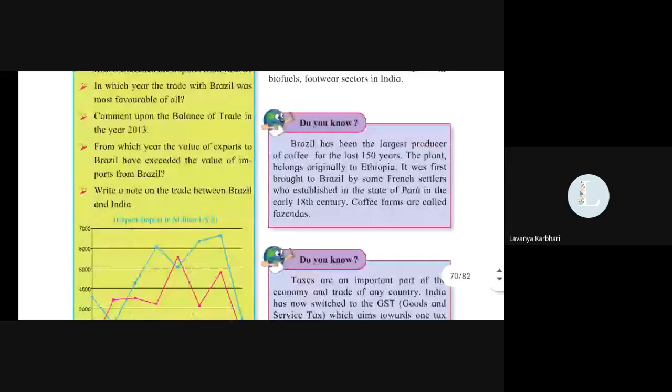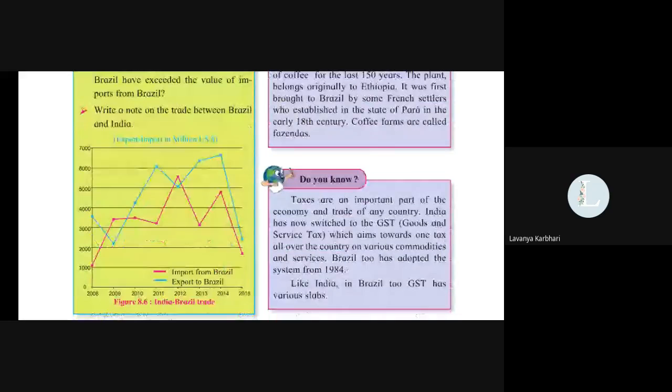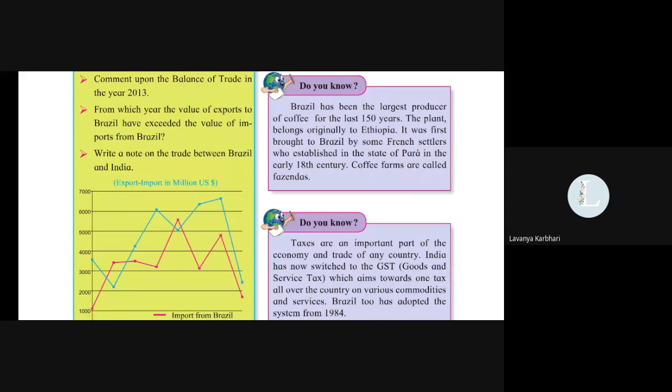If you take the example of 2012, then import and exports are basically the same for both countries. Okay, our import is higher and our export is somewhat lower than that. So 2012 is a favorable year for both countries because there is a balance of trade in 2012.